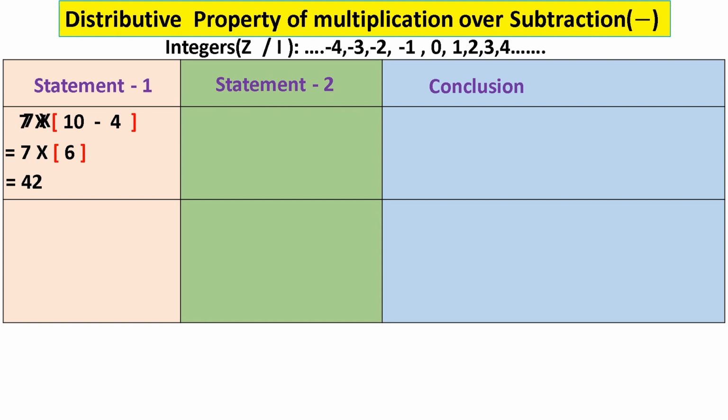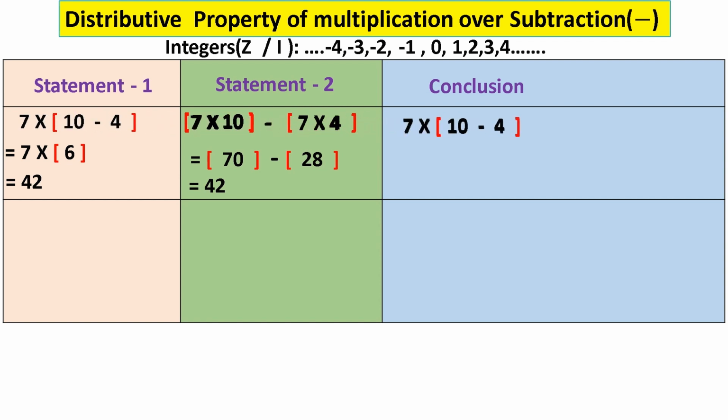In statement 2, 7 into 10 minus 7 into 4. Now the first product is 70 and the second product is 28. Now we will get 42. In statement 1 and statement 2 we get the same answer.